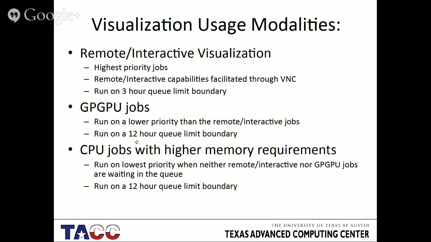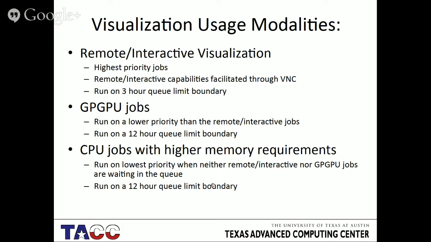Like I said, it's primarily for visualization, remote and interactive, and the queues are set up to give that priority. We do have lots of people who run GPU jobs on it just to do computing. They're limited to 12 hours, and they have lower priority. And this last statement about the higher memory requirements.